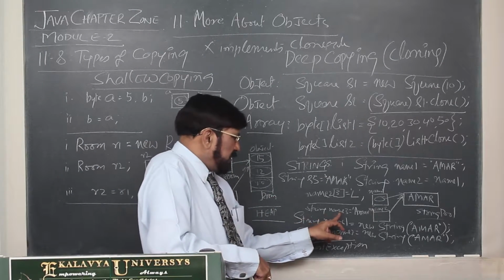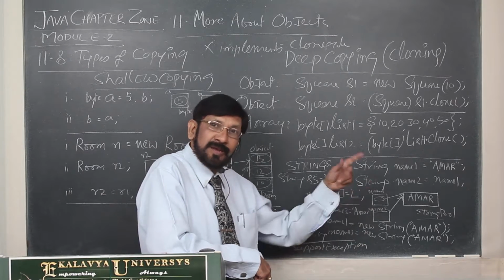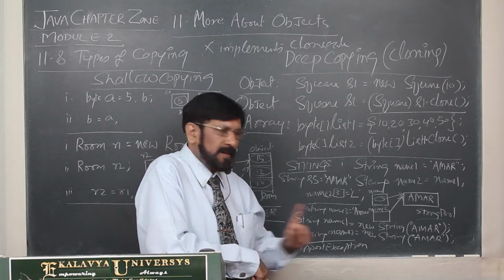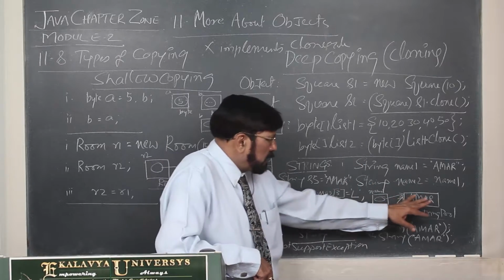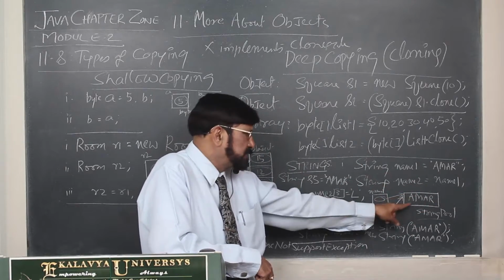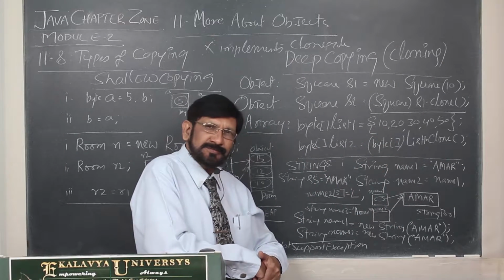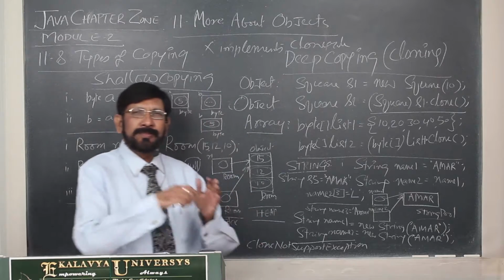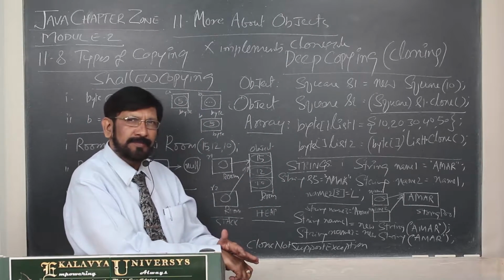Otherwise, String name3 = "AMAR": here the case is different, so another object is created. For "AMAR", all capital, only one object is created and you may create 100 references. In this way, the memory is used in an optimum manner.